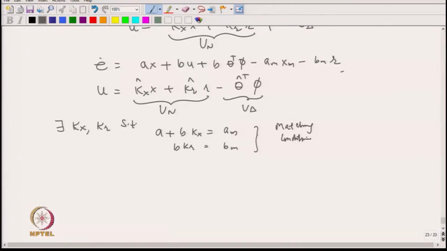Okay. So, the certainty equivalence controller is given by this combination of two terms. When we substitute that in the error system, we get the closed loop error system, which is given by this.